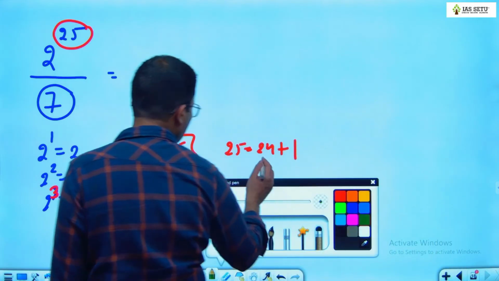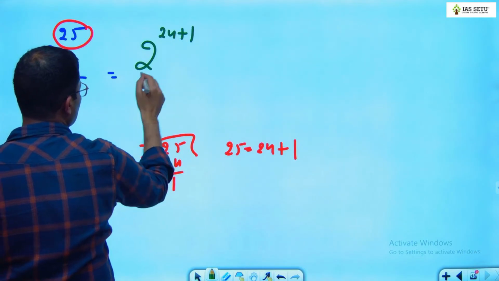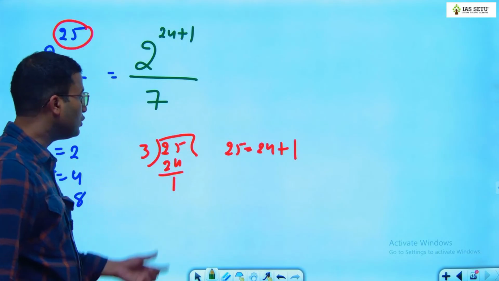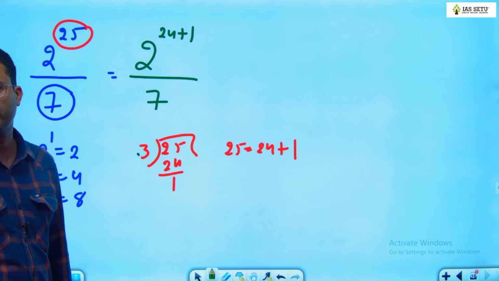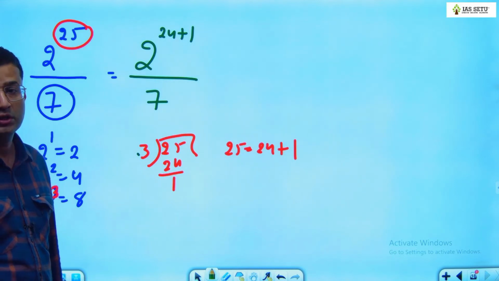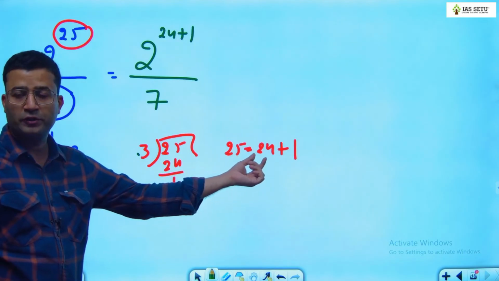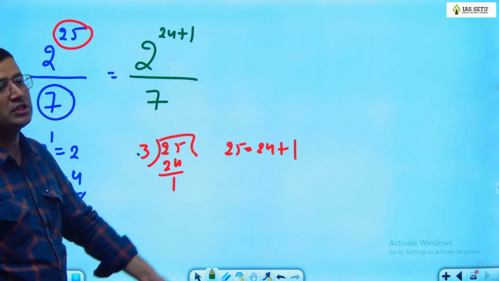So step number 3, we write it as 2 to the power 24 plus 1 divided by 7, because it is not an exact multiple of 3. The earlier question had an exact multiple of 3, 2 to the power 60. But this is not. So the multiple of 3 is 24, plus 1 extra. So we treat the extra power separately.